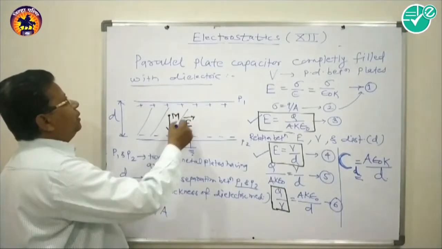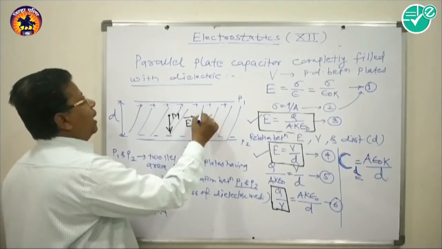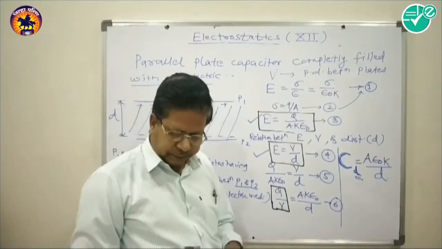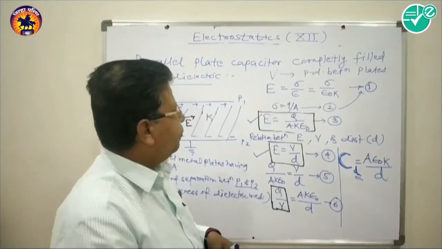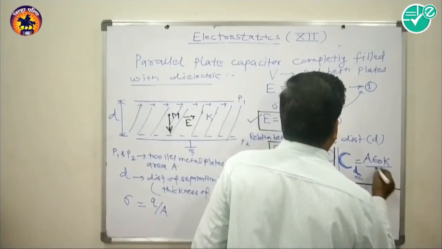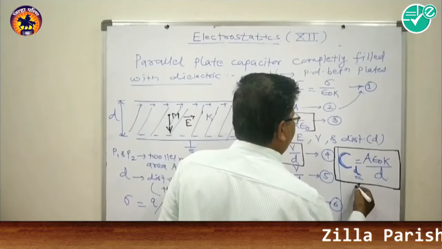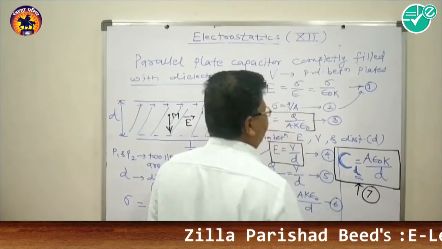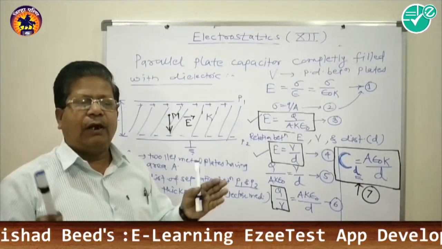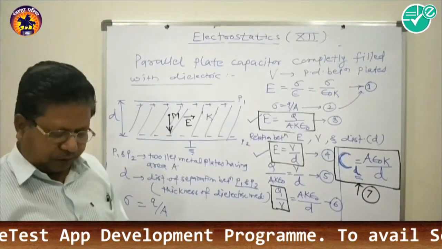So in between these two plates we have filled a medium having dielectric constant K, and the expression for electric capacitance of a parallel plate capacitor filled completely with the dielectric is given by this equation number 7, Cd, that means capacity of a parallel plate capacitor which is completely filled with a medium having dielectric constant K.